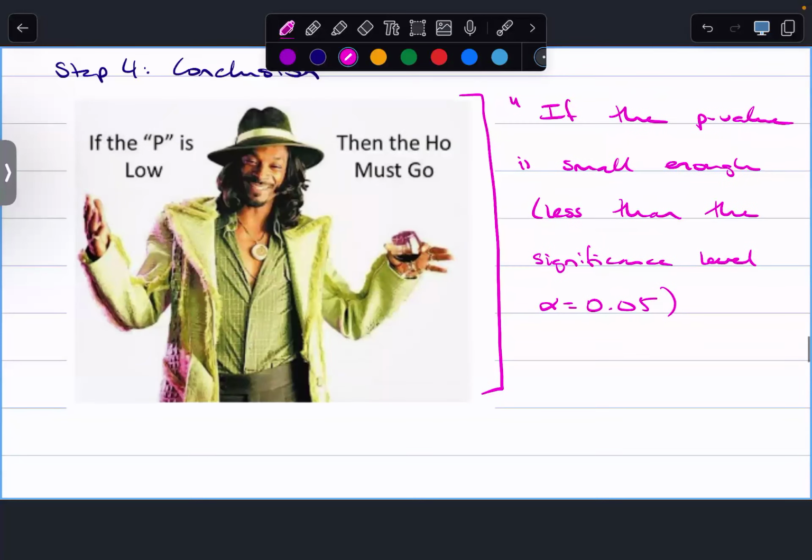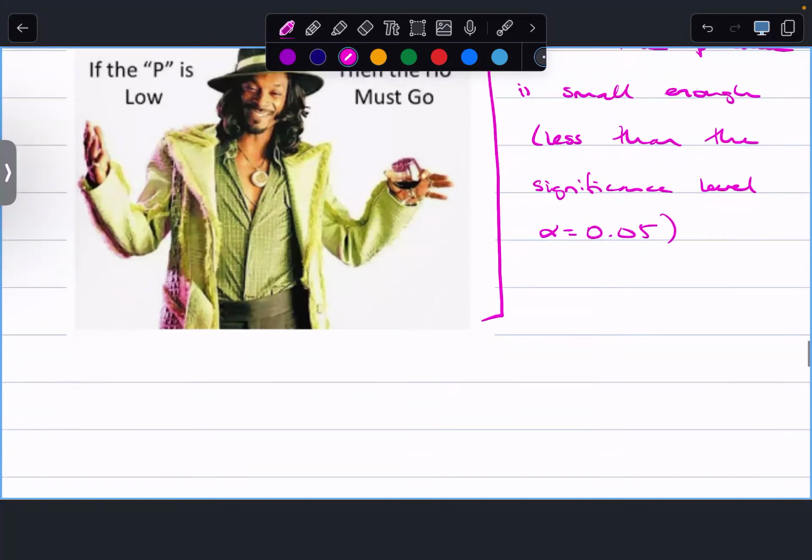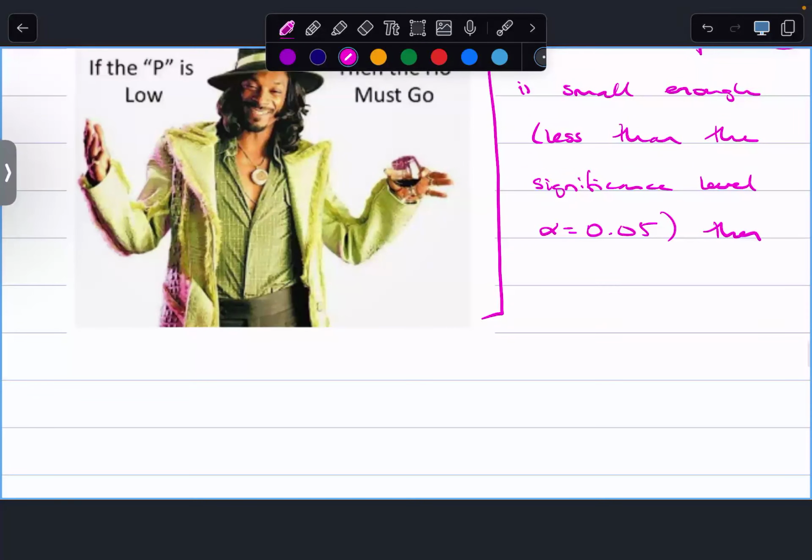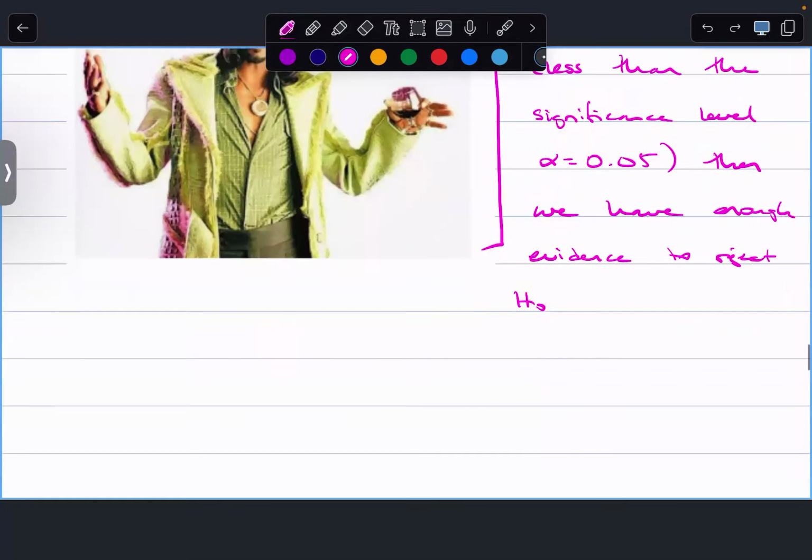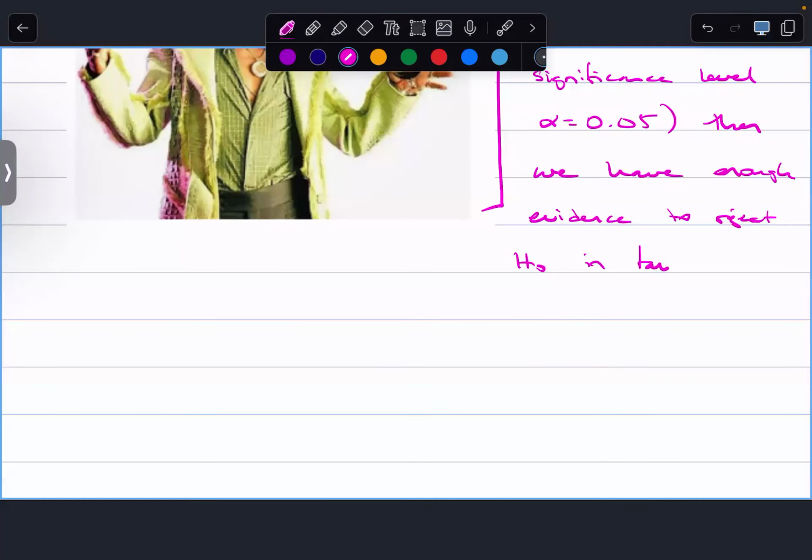So if the p-value is low or small enough, less than the alpha level, then we have enough evidence to reject H naught. And I guess I should say in favor of HA, if I'm rejecting it.